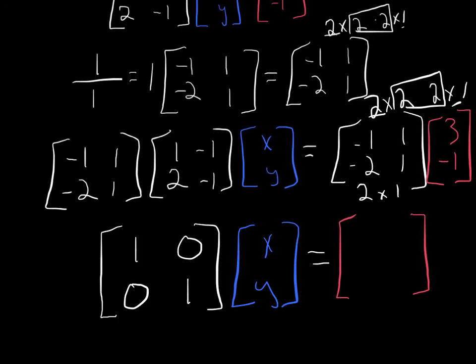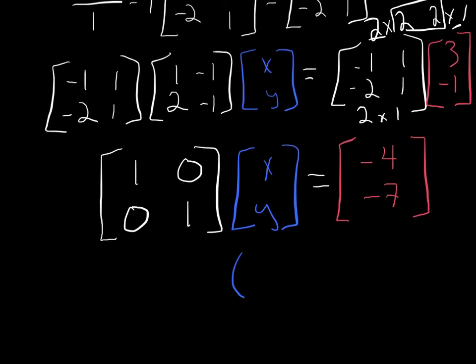That'll give me negative 4. Negative 2 times 3 is negative 6 plus negative 1 is negative 7. And so there I have it. There is my answer. The top is going to be my x. So x equals negative 4, y equals negative 7. And so I'm going to show it as a coordinate, negative 4, negative 7.